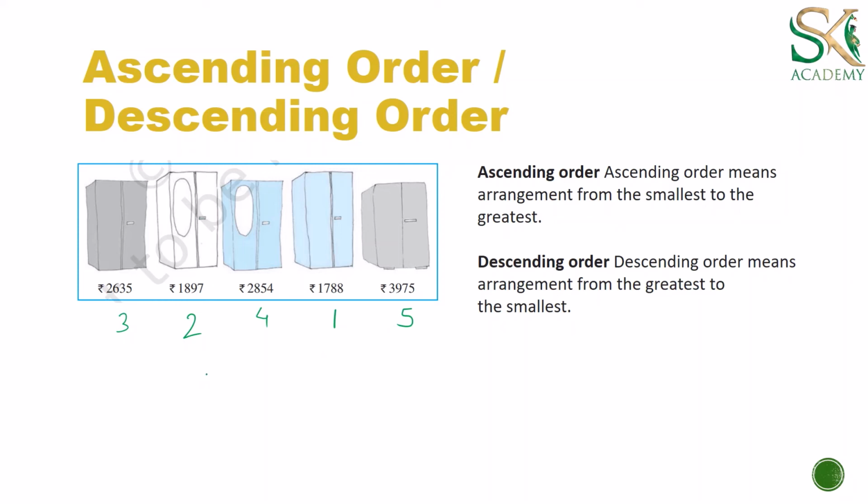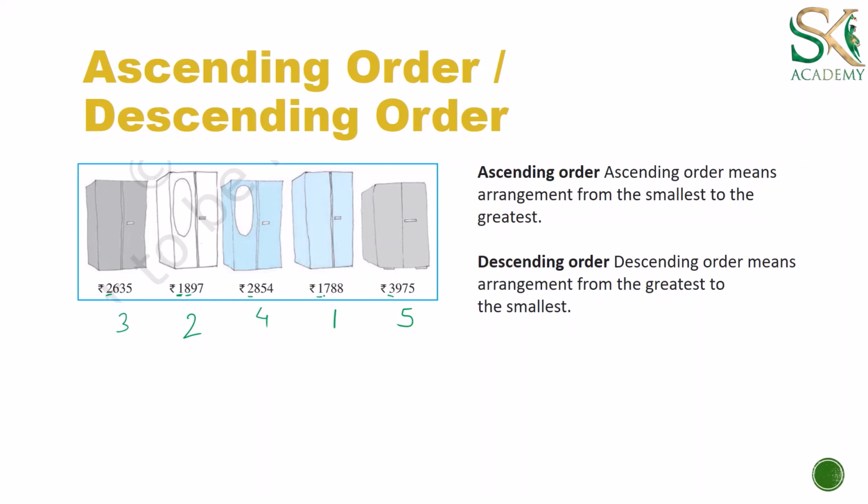First I checked what my first digits are. In this one and this one, I have first digit as 1. That means 1 is smaller than 2 and 3. Then, when I found two numbers with first digit as 1, I checked the second digits.